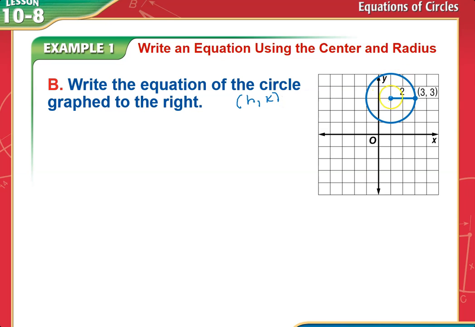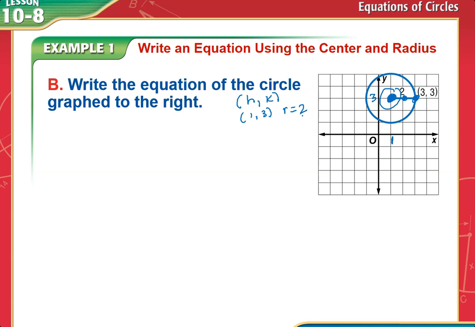You can see here's the center of my circle, and that would be at (1, 3). And from the center out to the edge of the circle, it is 2 long. So here's 1, and then here's 2. Therefore, my radius is 2. So identify r as 2.